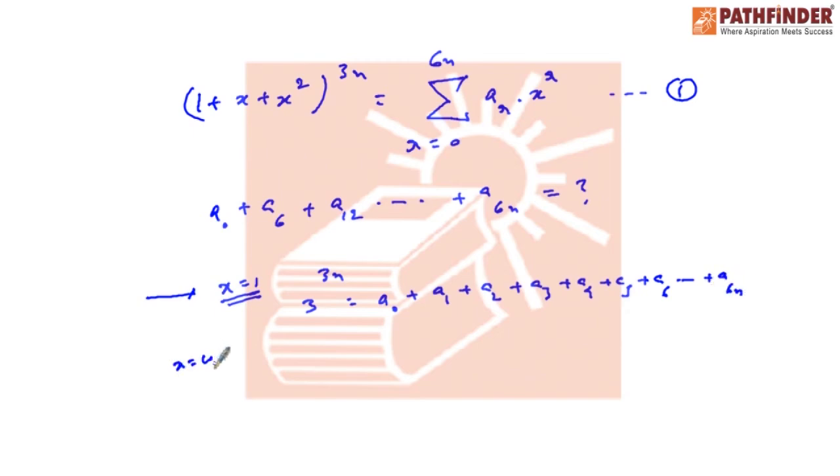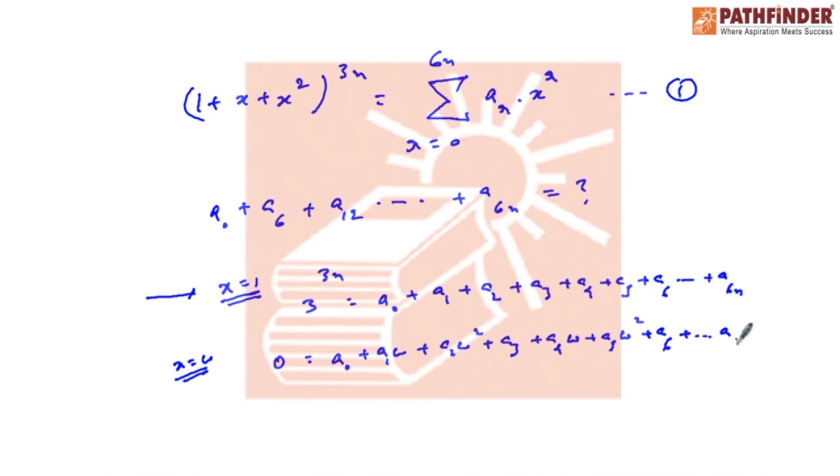If you put x equal to omega, you shall get 1 plus omega square is 0, which is equal to a0 plus a1 omega plus a2 omega square plus a3 omega cube is 1, you must remember that, plus a4 omega power 4 is omega plus a5 omega square plus a6 omega power 6 will be again 1 and continues up to a6n.